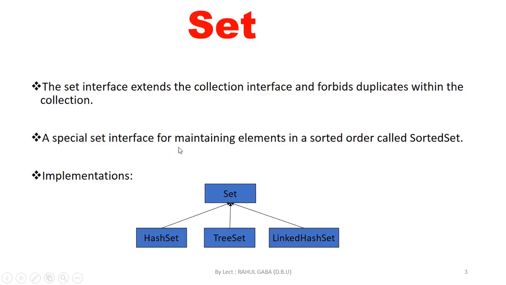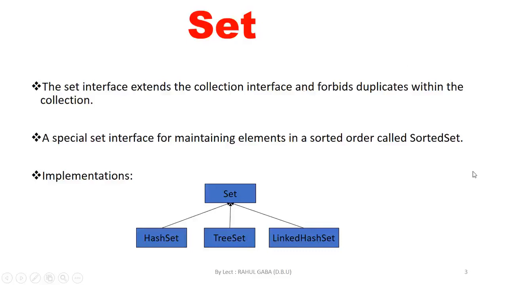A special set interface for maintaining elements in sorted order is called sorted set. But one thing is clear: set contains unique data. If you want to arrange that data in sorted order, then you need the sorted set. Sorted set is an interface which extends the set interface.